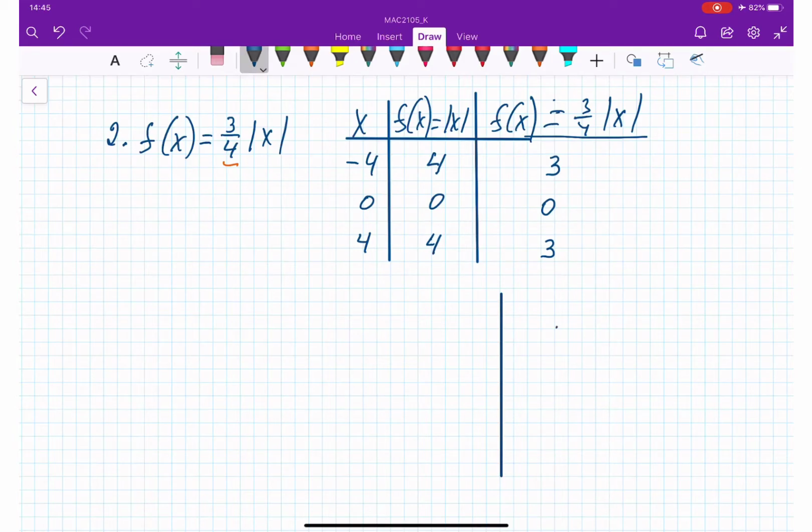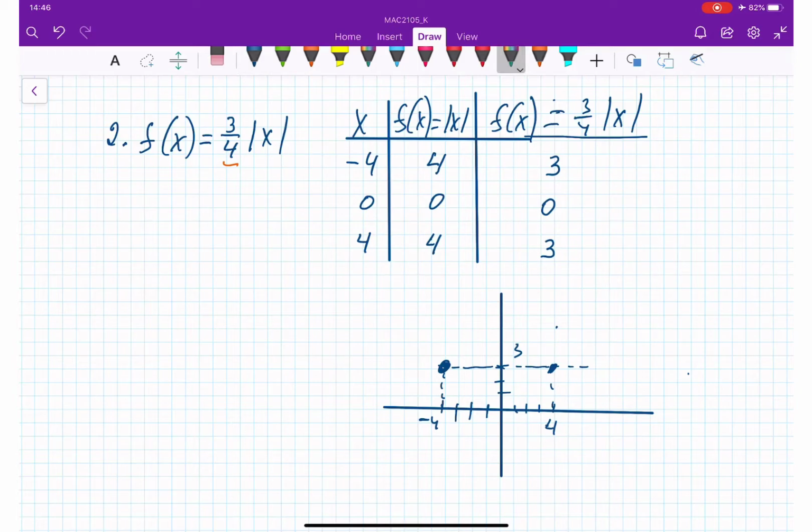Okay, this, and then another one. All right, so 1, 2, 3, 4. 1, 2, 3. Everywhere y is going to be 3. Therefore, I'm providing a line. This is negative 4. This is 1 point. 1, 2, 3, 4. This is positive 4. This is coming here. Another point.